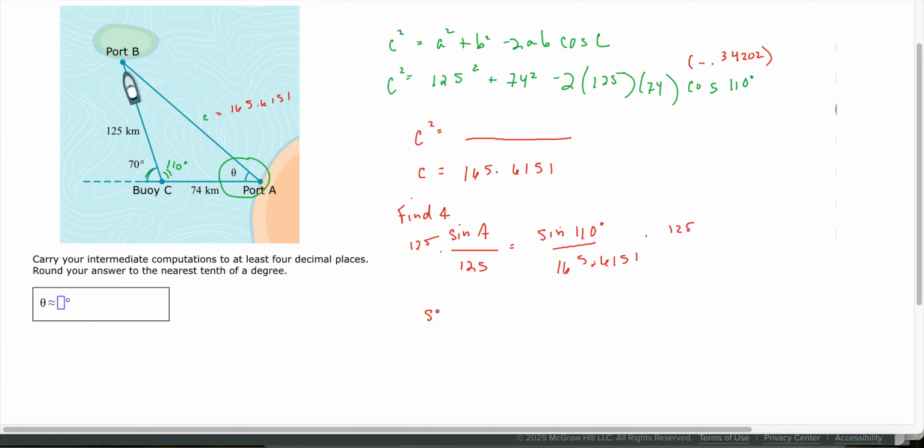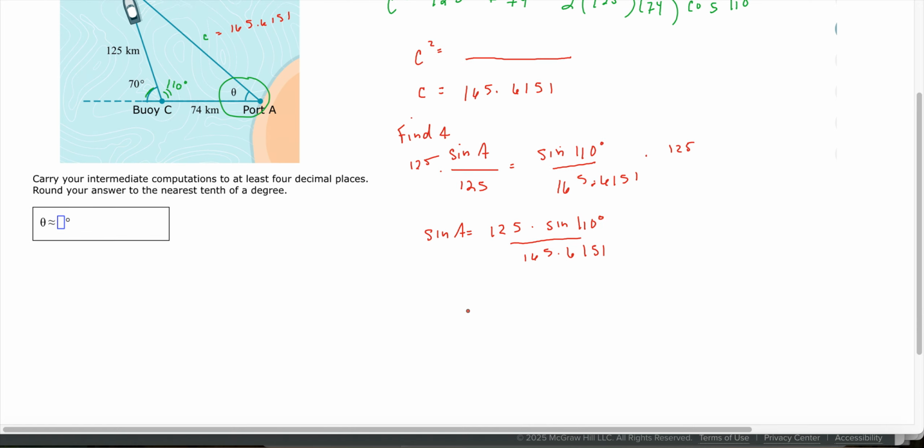So basically sine A is going to be equal to 125 times sine of 110 degrees all over 165.6151.